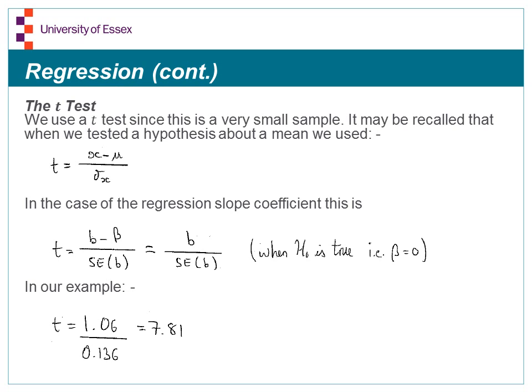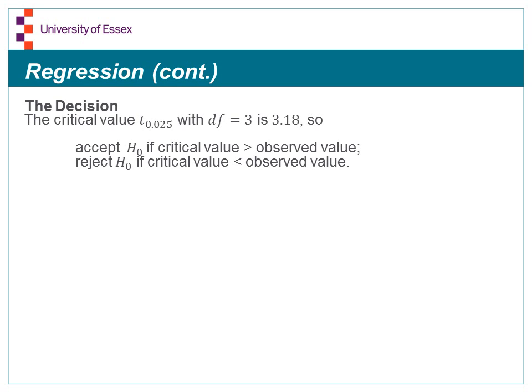So let's have a look at some numbers to test against. If I was looking at the 0.025 point from a t distribution with 3 degrees of freedom to match up with our data set, then the value I'd get for that would be 3.18. We accept H0 if the value we calculated is less than that, and we reject H0 if the value is greater than that.